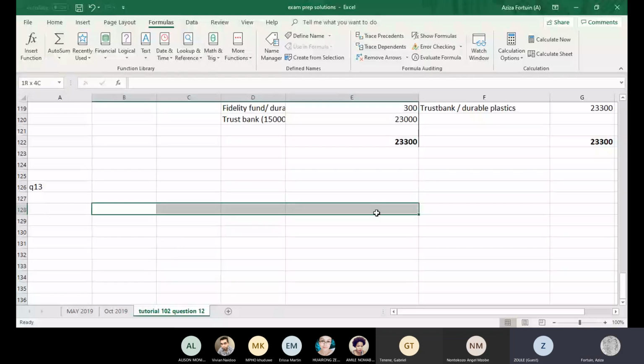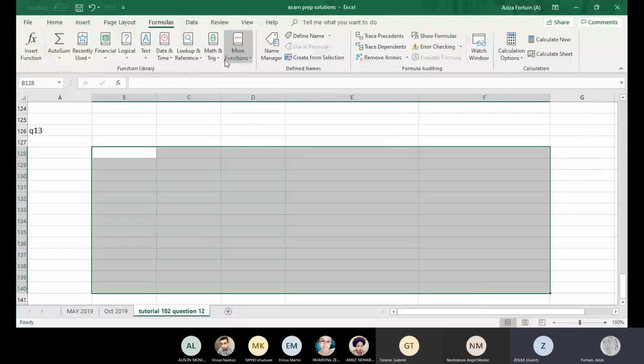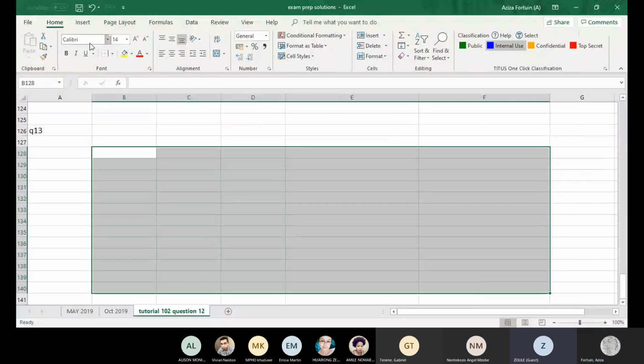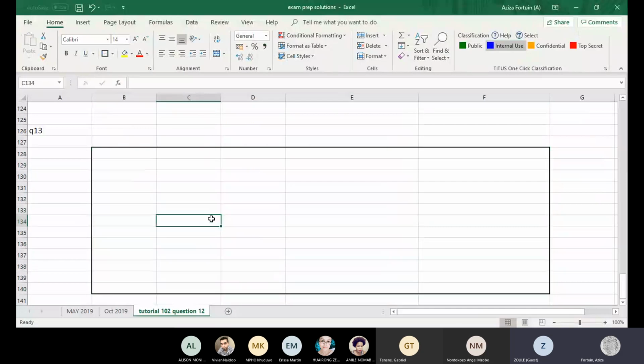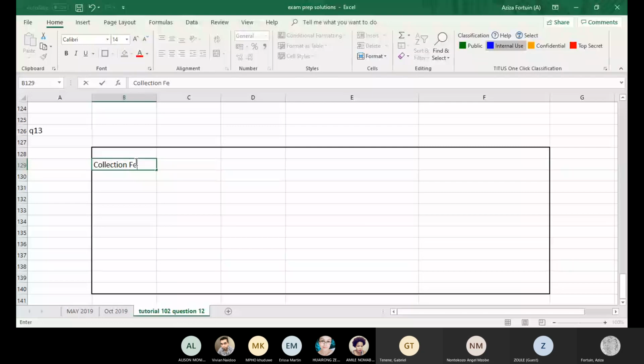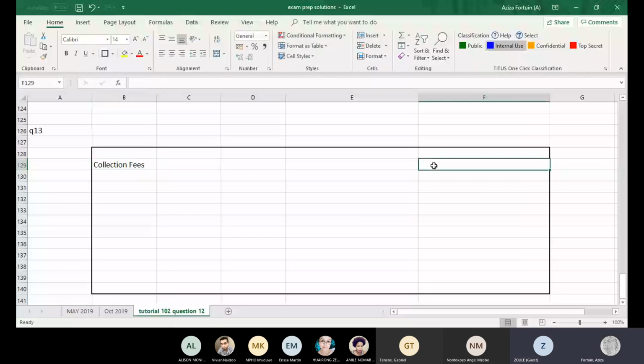Let me just make a block first. Okay, so how much was the collection fees? How much money did we collect altogether? 30,000.